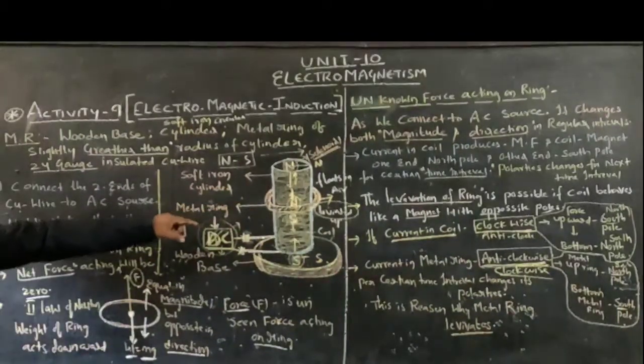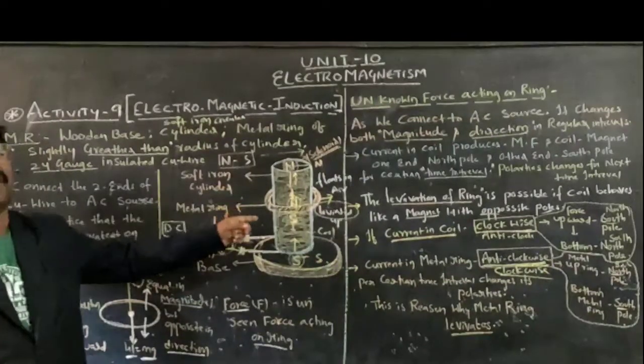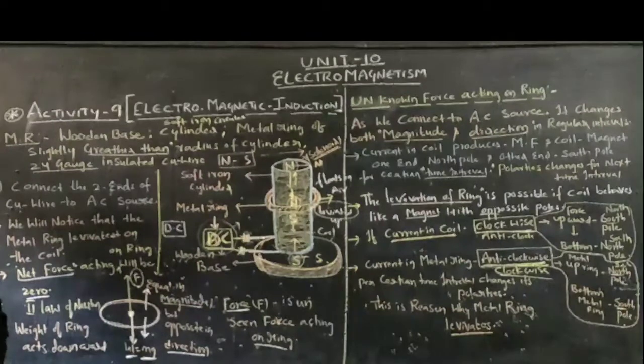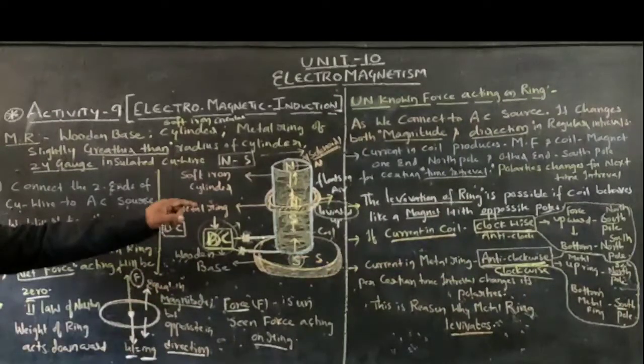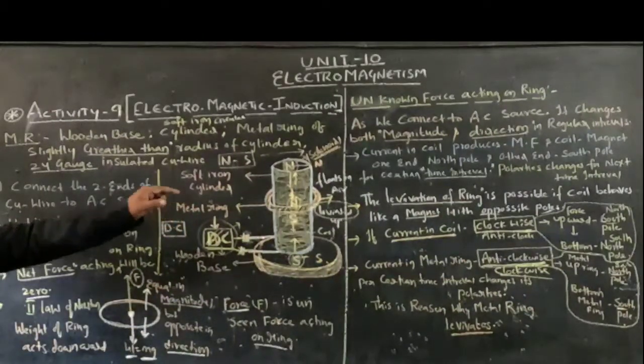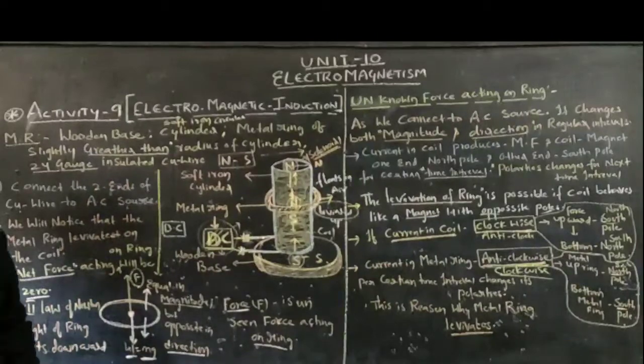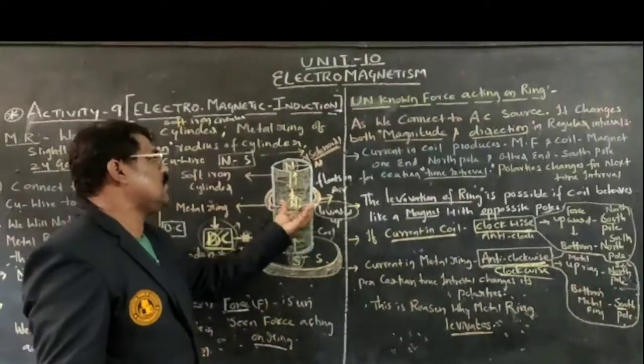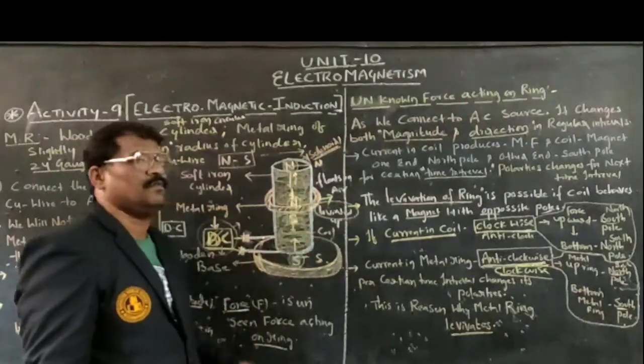When the switch is turned on, at that instant there is a change in magnetic flux linked with the metal ring. After that, again there won't be a change in flux. So due to that reason, the ring will be elevated up and again falls down.